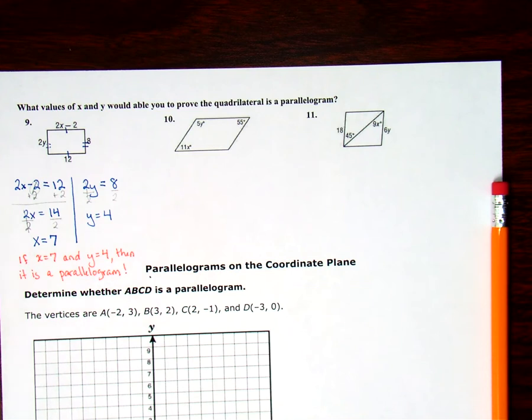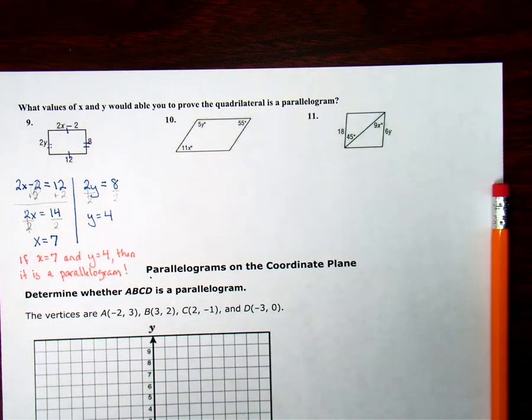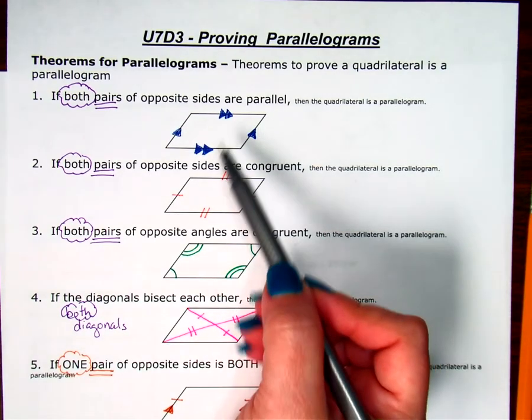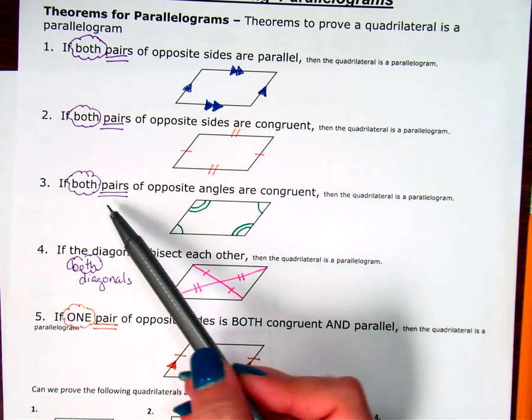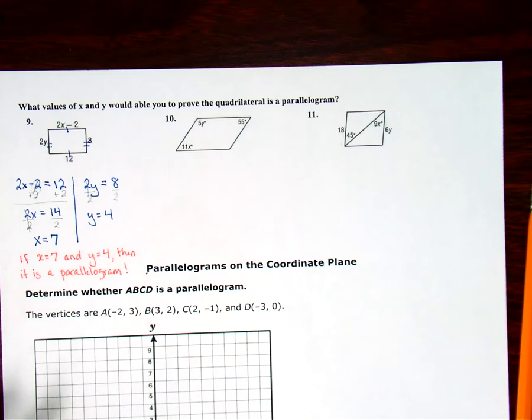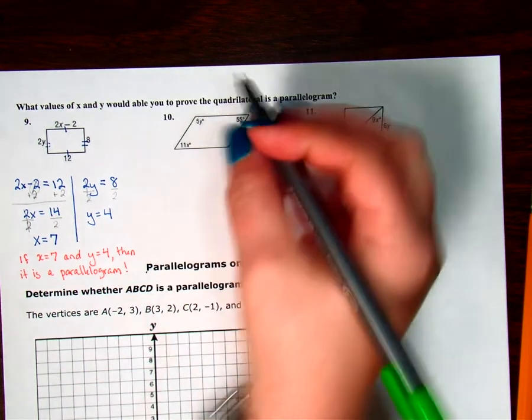On number 10, what values of x and y would enable us to prove the quadrilateral is a parallelogram? Okay? So notice back here, I didn't have anything about angles except number 3, both pairs of opposite angles are congruent. So I do have to show both pairs of opposite angles are congruent.